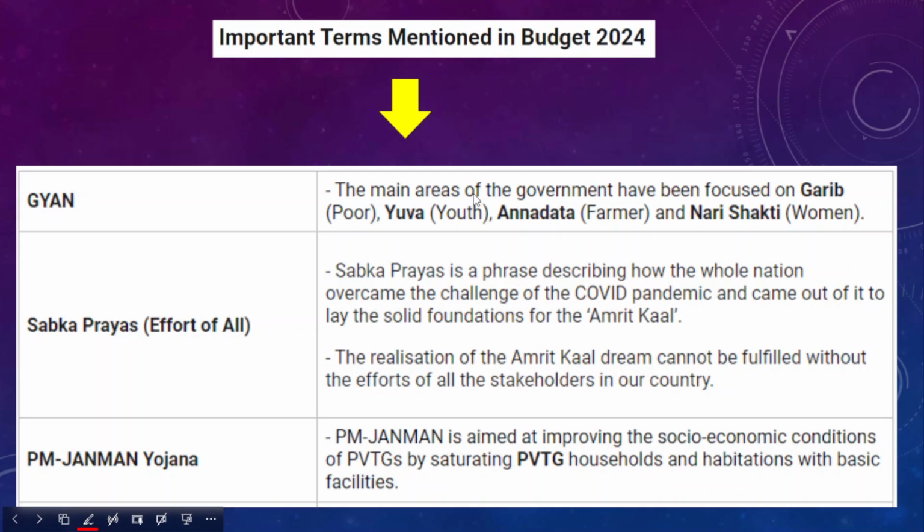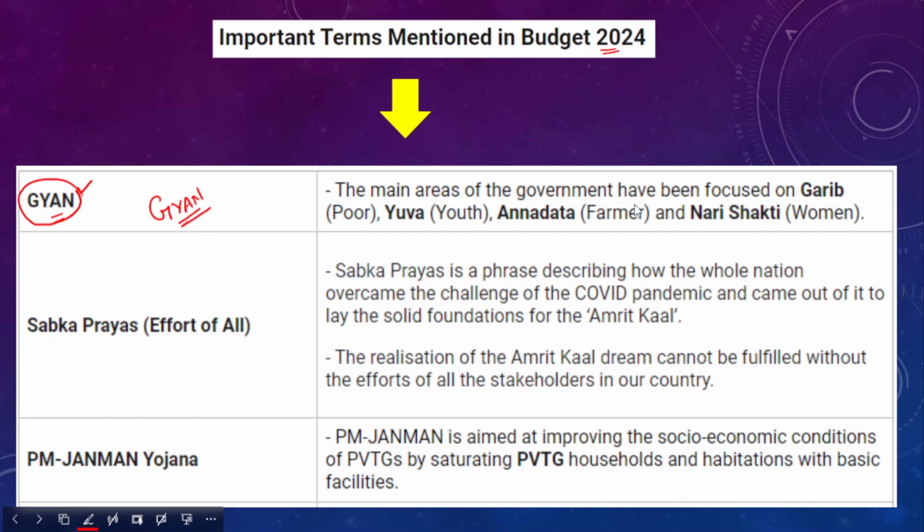Now, after that, there are important terms which are mentioned in the Union Budget 2024. So the first term that was mentioned, and yesterday also we discussed this term, that is Gyan. Okay, so what is this Gyan? So this Gyan is the focus area of the government.